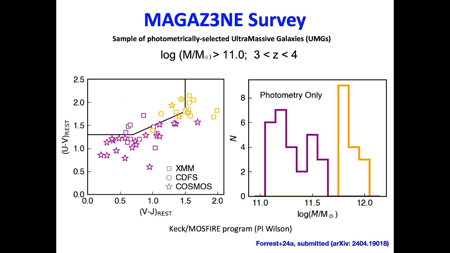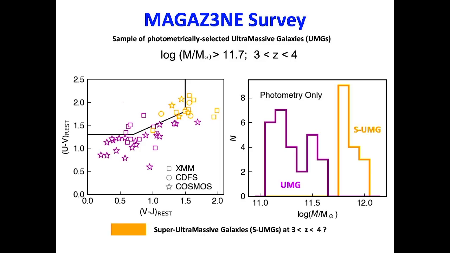But you can immediately see that the second part of the sample have potentially much higher stellar masses than phase 1 of the survey. So they are candidates that we dubbed super ultramassive galaxies. And we set out with Keck to see if we could get spectroscopic confirmation of those targets.